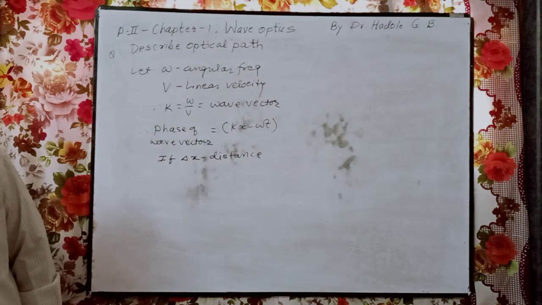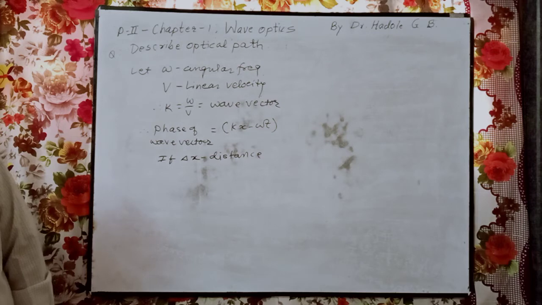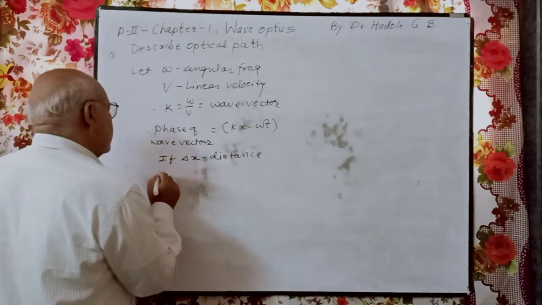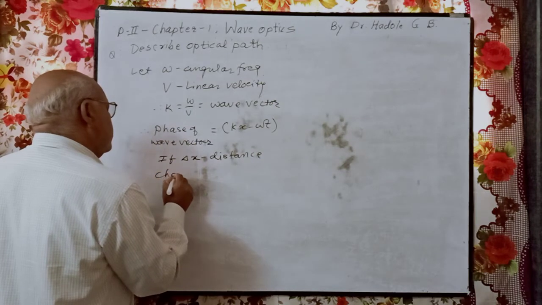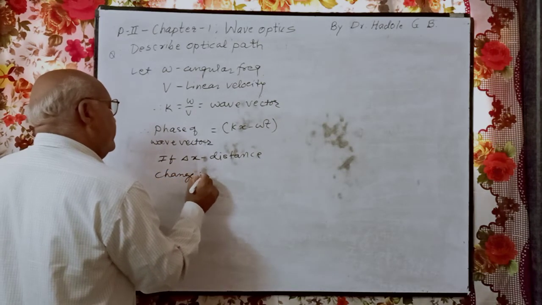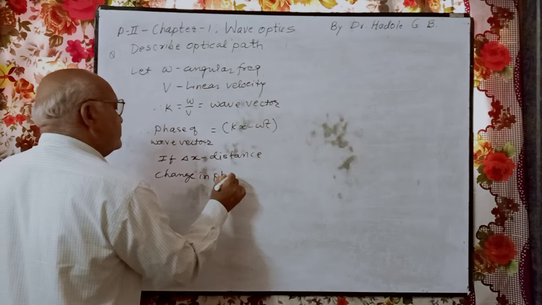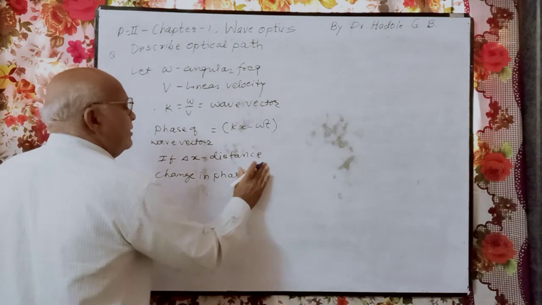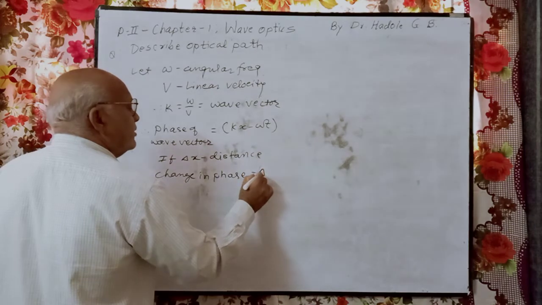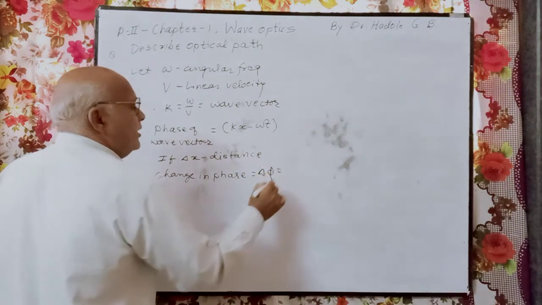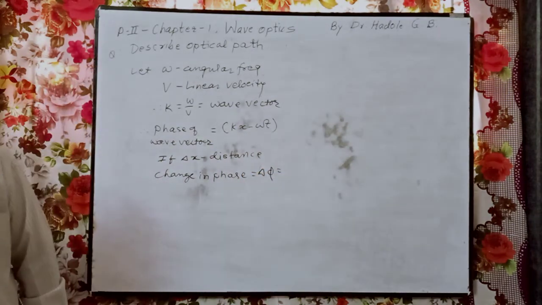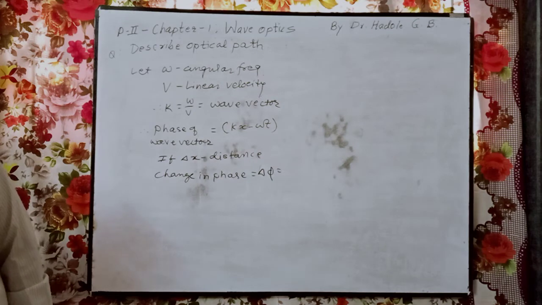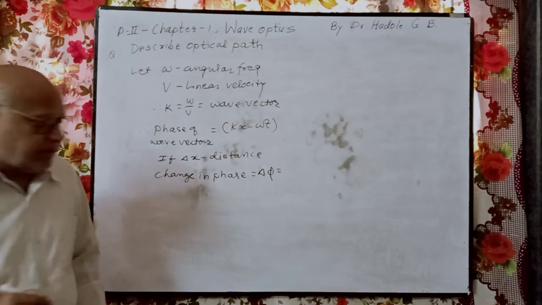Then the change in phase, delta phi, is equal to k times delta x.